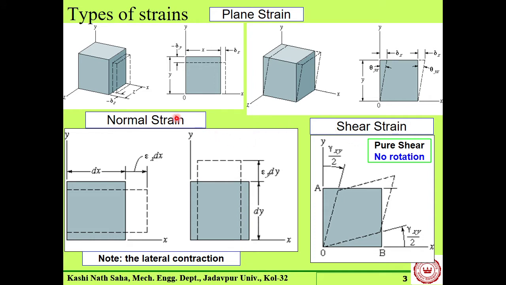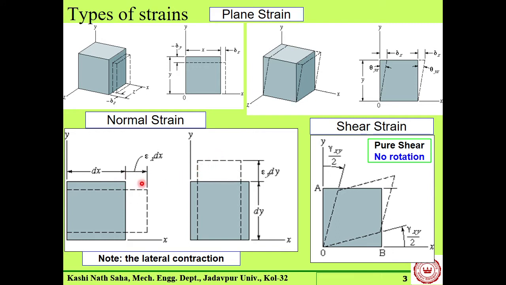So the pictorial representation of this plane strain and this shear strain is shown here. A three-dimensional body deforms, and if we take a view in a plane, there can be extension in x direction as well as extension along y direction.